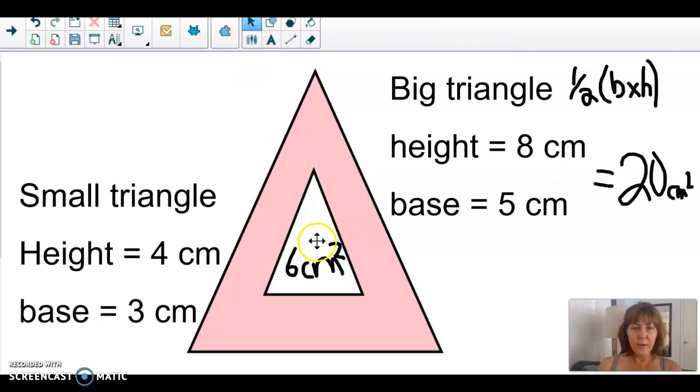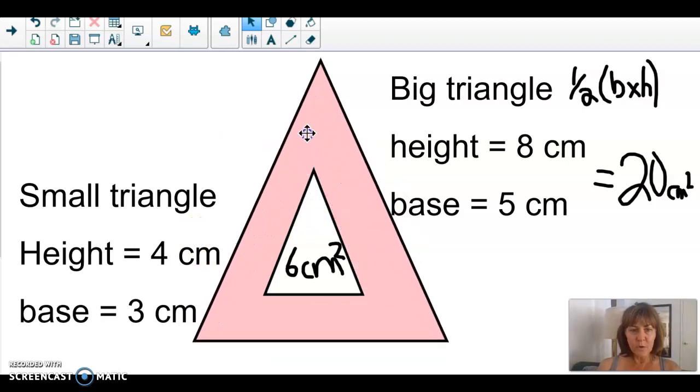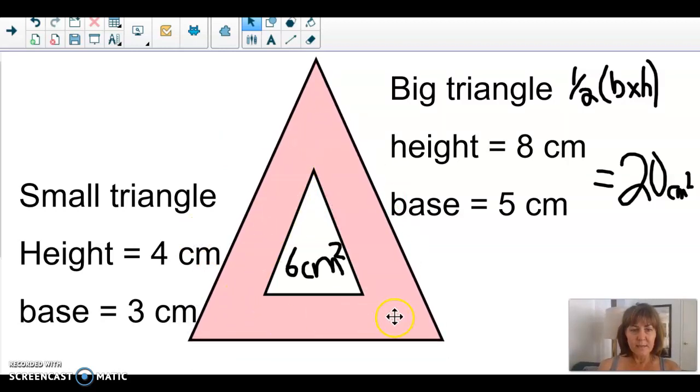So if I know the area of this little one and the area of this whole big one, how can I figure out what this pink section right here is? I subtract the small amount from the big amount. What is 20 minus 6? 20 minus 6 is 12.